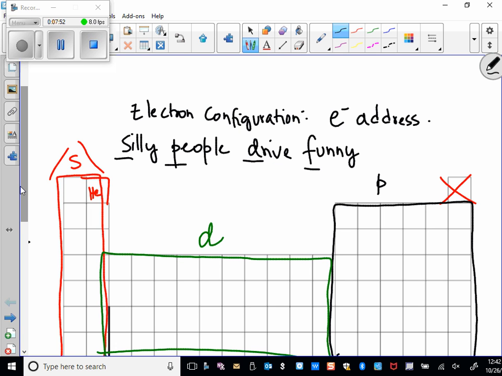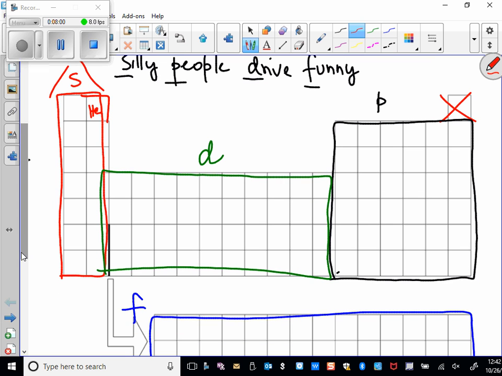The next thing we should know is the energy levels. The energy level for S always starts at 1, 2, 3, 4, 5, 6, 7. Those are the 7 energy levels for S. Now, watch me say this.